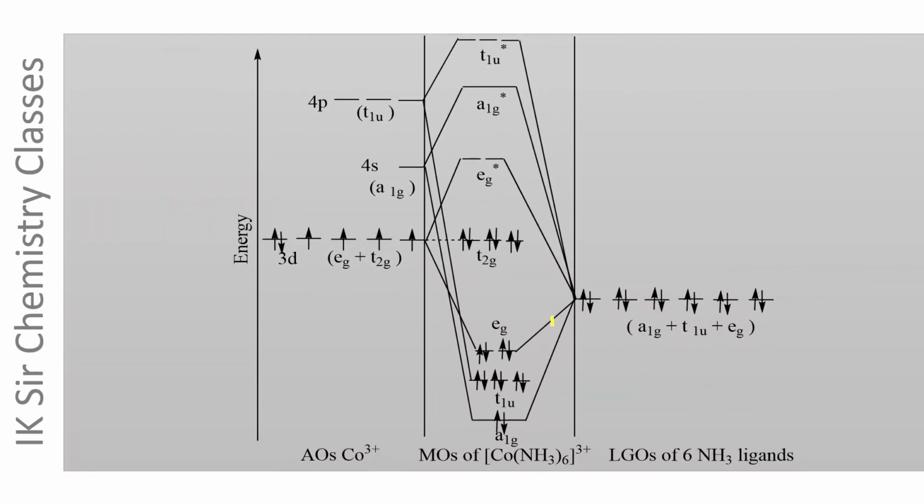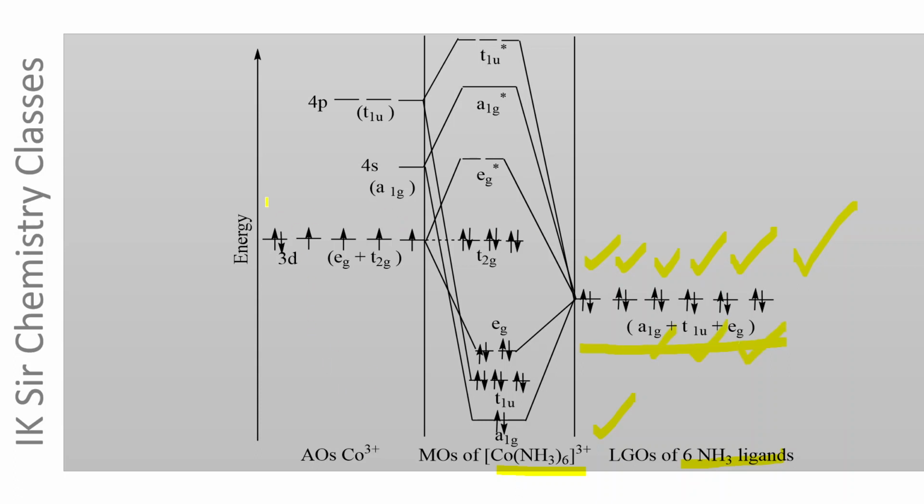Let us see the MO diagram of [Co(NH3)6]3+, which contains 6 NH3 ligands whose ligand group orbitals are present here. 6 ligand group orbitals 1, 2, 3, 4, 5 and 6 with symmetries a1g, t1u and eg.